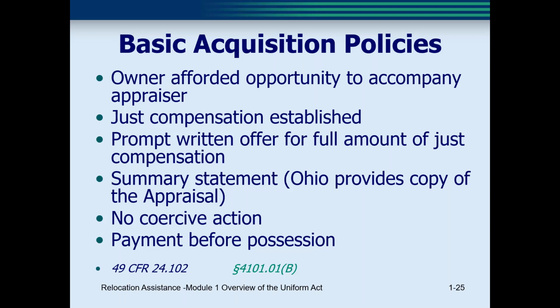The agency cannot take possession of the property until it pays the owner just compensation. This would either be through a closing for a negotiated settlement, or by making a deposit in court for a parcel that goes to condemnation or appropriation.